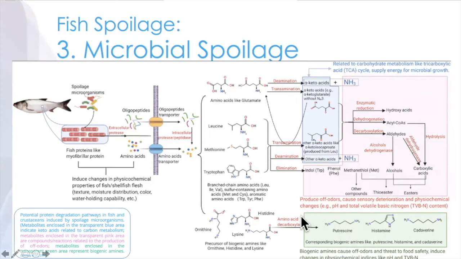So ito sila, the formation of the putrescine, histamine, and cadaverine are dependent on the amount of ornithine, lysine, and histidine, no, in your fish. So kung mataas, for example, yung histidine, it is most likely that your fish will produce or form high amounts of histamine. So sinabi dito, biogenic amines cause off odors and threat to food safety.